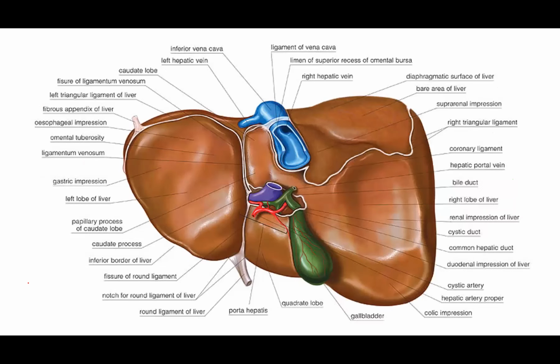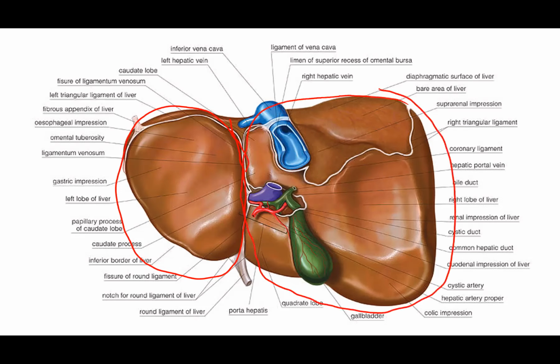This diagram is showing the various anatomical segments of the visceral surface of the liver. Anatomically, this is the left lobe and this is the right lobe. The right lobe is larger, and anatomically, this right lobe has the caudate lobe.